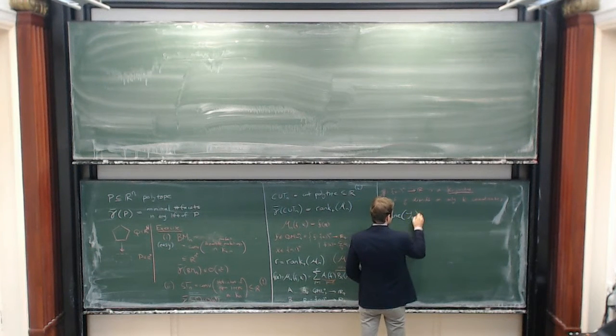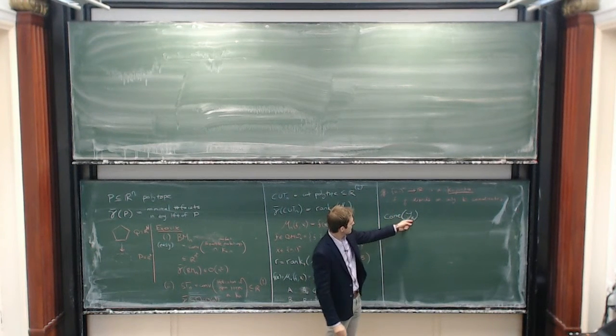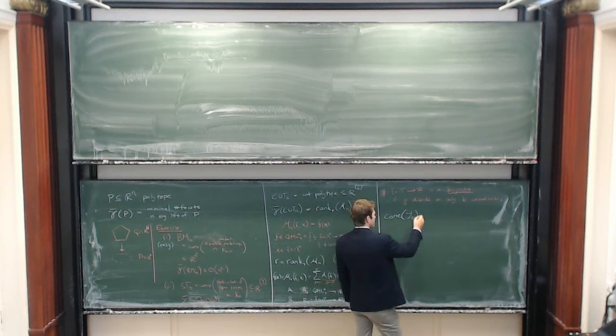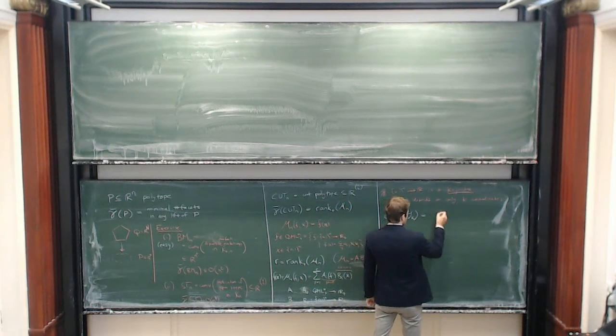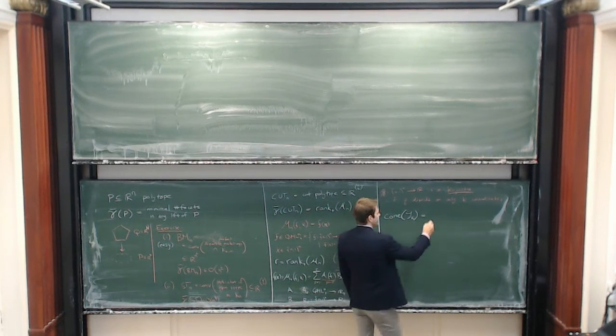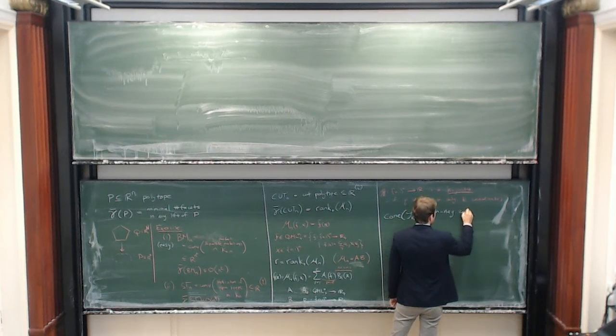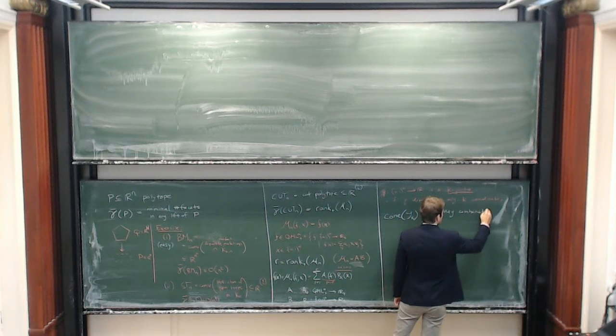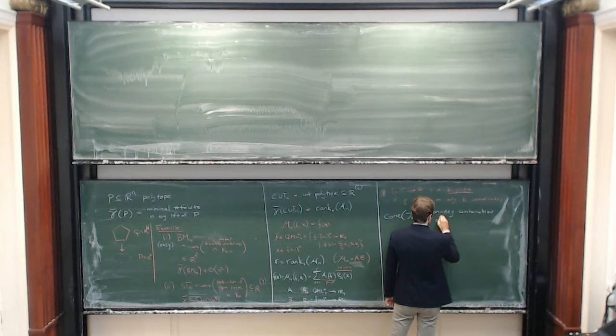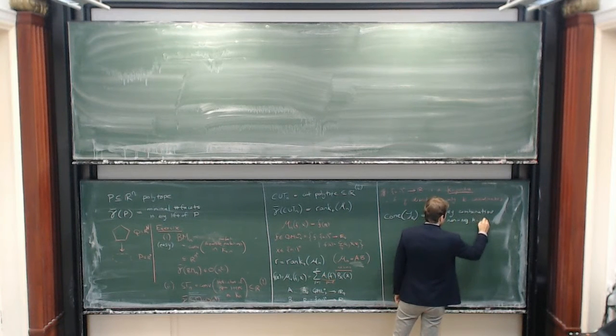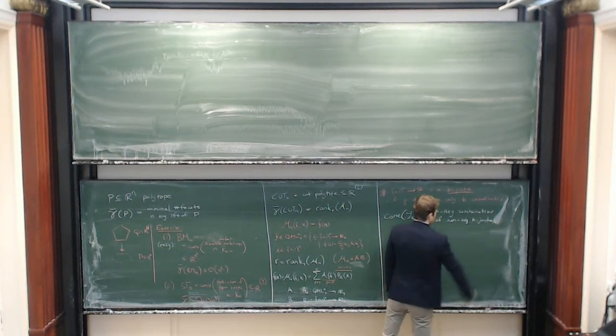So we defined some generators for this cone, but really what's important to us is the cone, which is the set of all non-negative combinations of non-negative k-juntas.